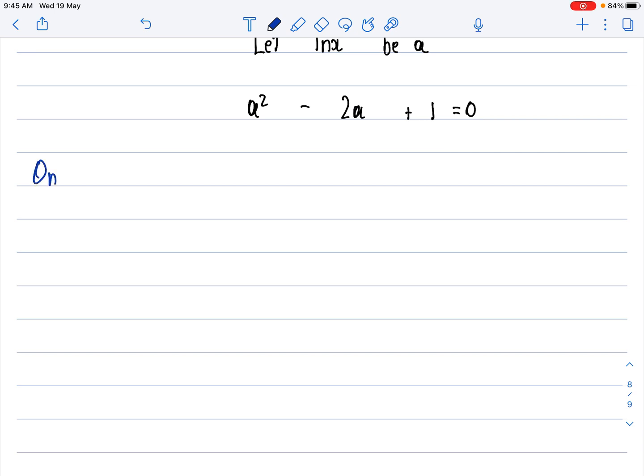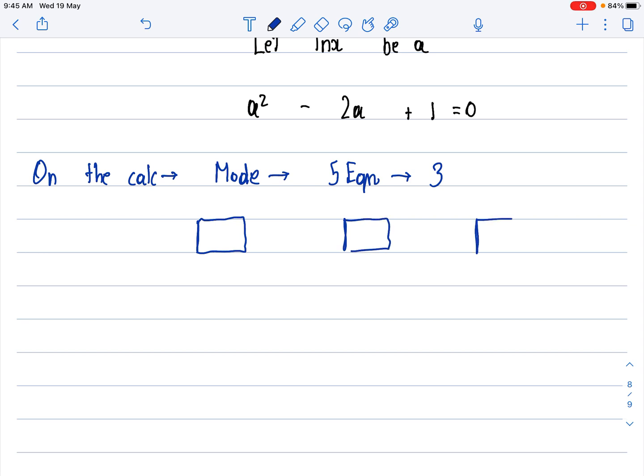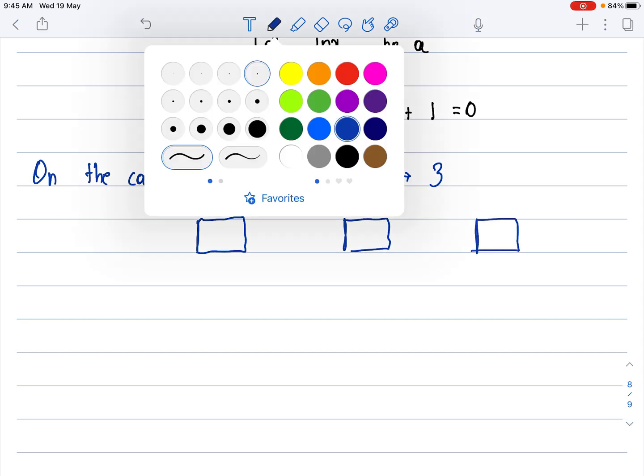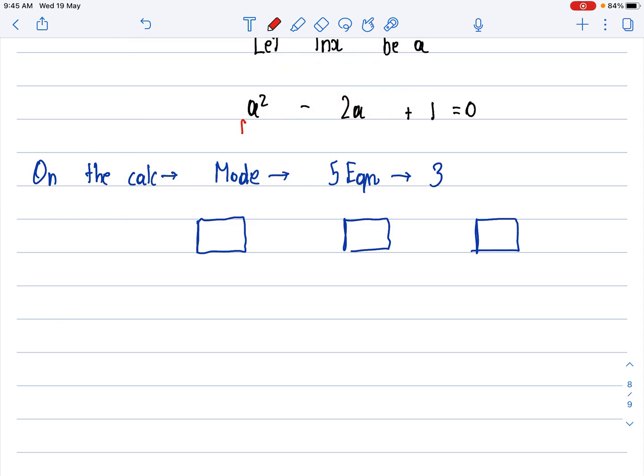On the calculator, click on mode first. Then click on 5, where equation is written. Then click on 3. When you do this, you get 3 boxes. In the first box, put 1, which is the coefficient of a square.